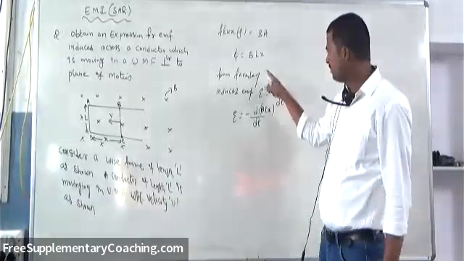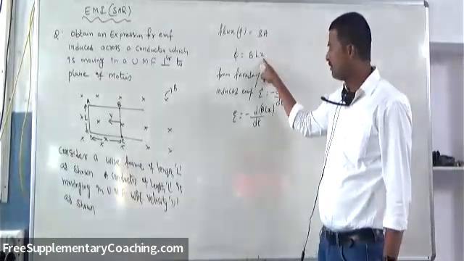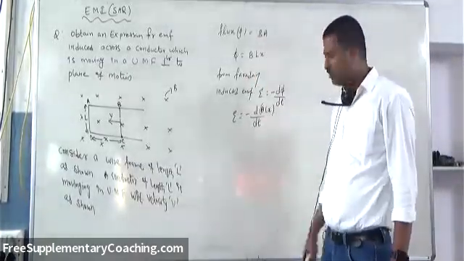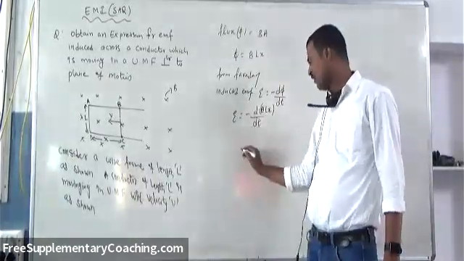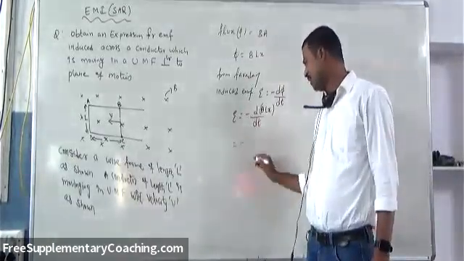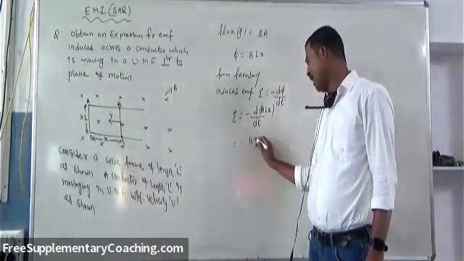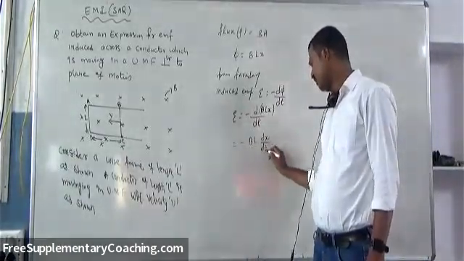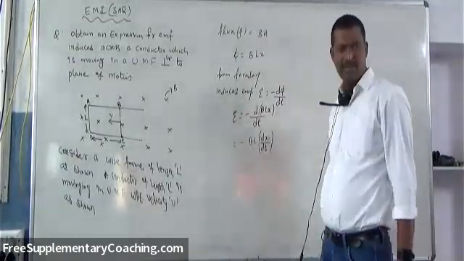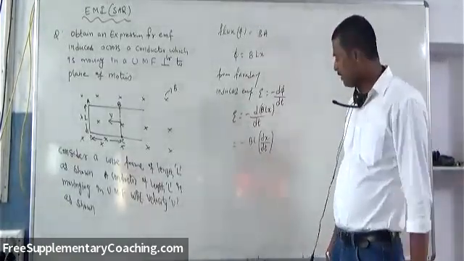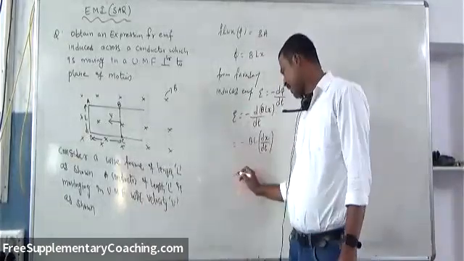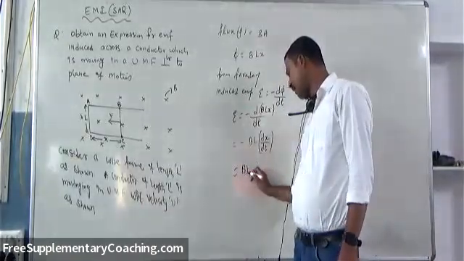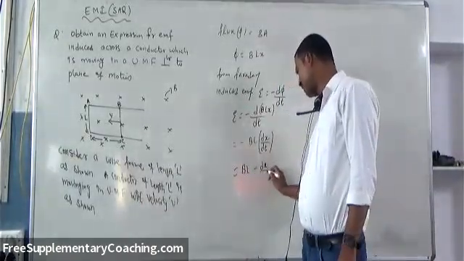So the only variable is X. B and L are constant, so I can write BL outside of the differentiation: minus B into L, d x by dt. So I can write it as B into L into minus dx by dt.